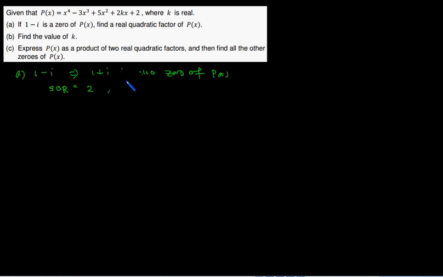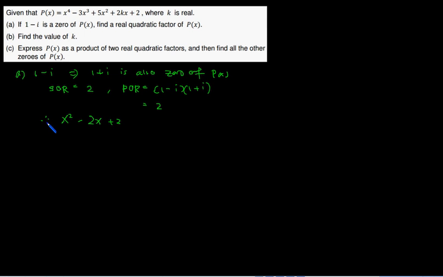The product of roots, the product of the conjugates, if you expand it, will also be 2. The real quadratic factor is therefore x squared minus the sum of roots times x, that will be 2x, plus the product of roots, which is 2. So this is a quadratic factor of p(x).